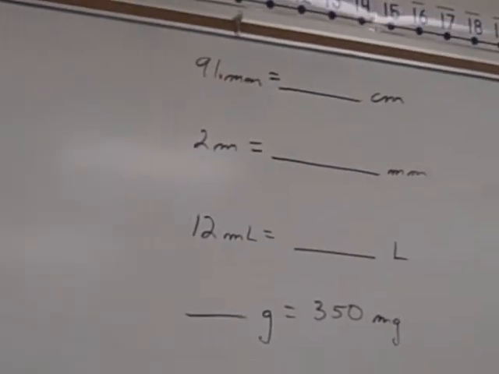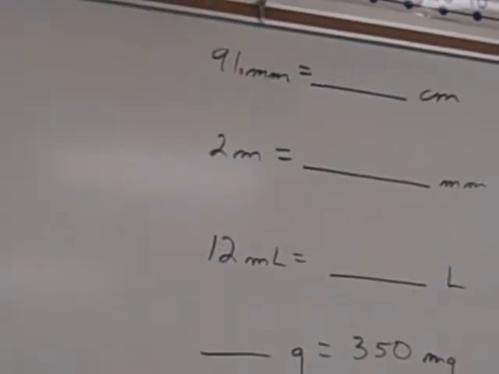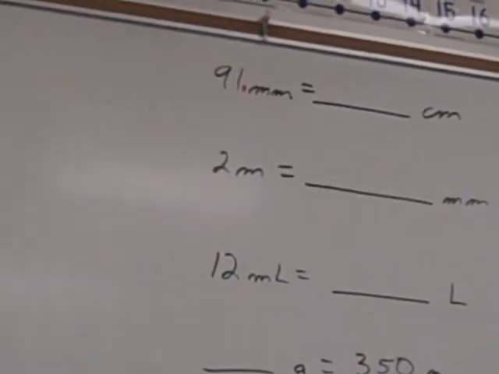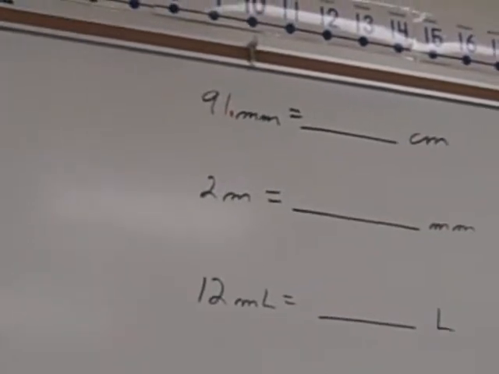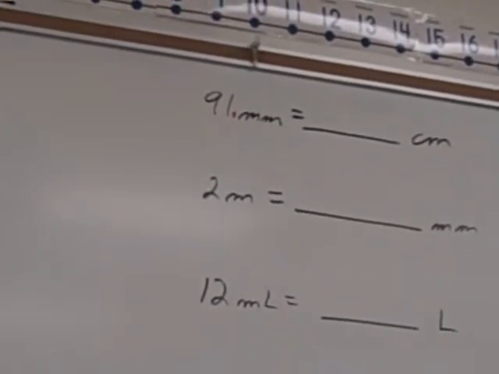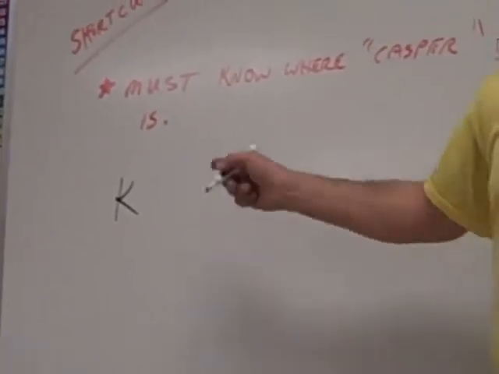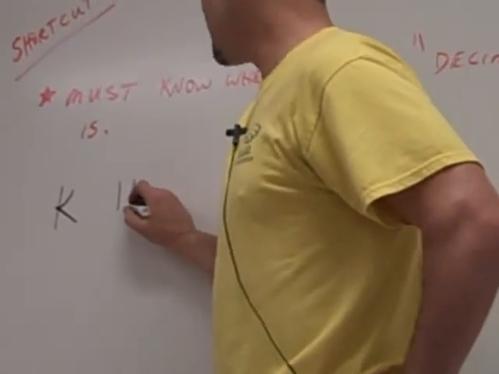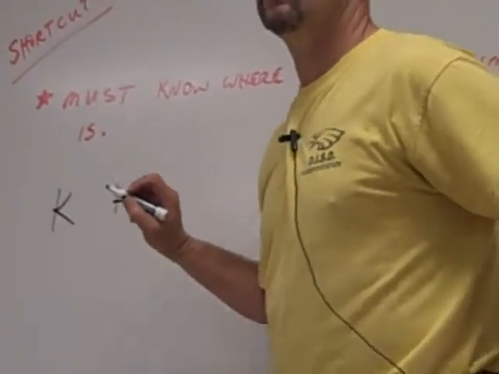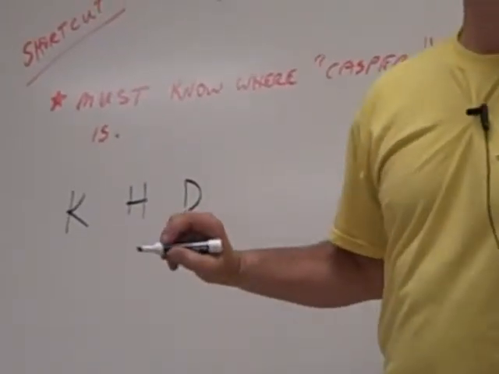Next thing we need to know is the list of the metric measurements. Kilometers, or kilo whatevers. There you go. Kilo whatevers. What's next? Hecto whatevers. Deca whatevers.